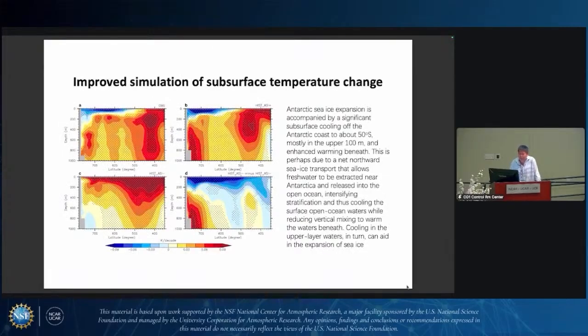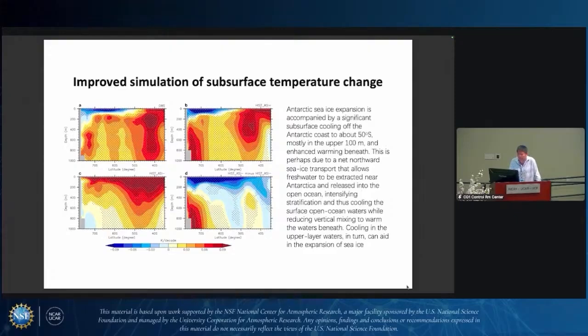We can also see that Antarctic sea ice, if the expansion is well simulated, can influence the ocean heat uptake and also subsurface temperature. Panel A shows the observed temperature change, zonal mean. If you look at the high latitudes, we can see a cooling change in the upper 100 meters. Similarly, we can see the pattern in the expansion group. However, if you look at the decline group, we will not see the cooling change in the upper 100 meters close to Antarctica, but instead a warming change.